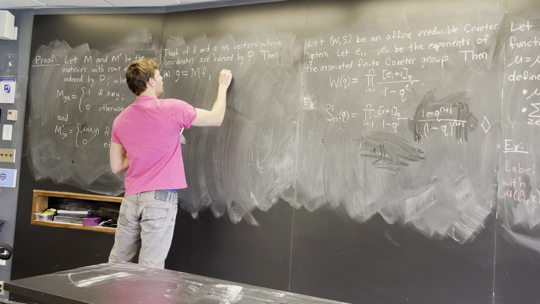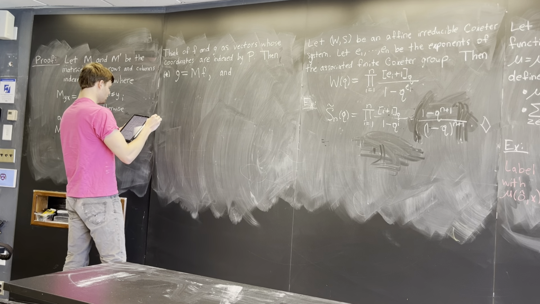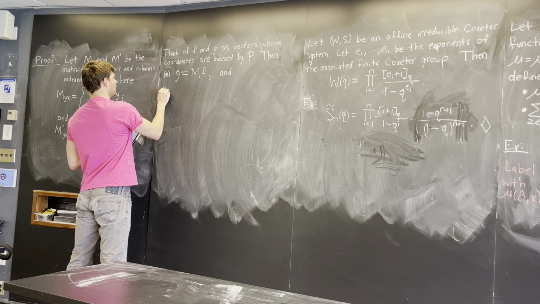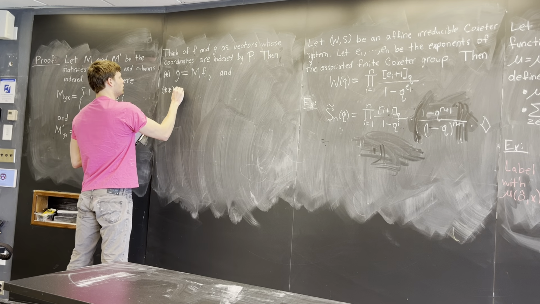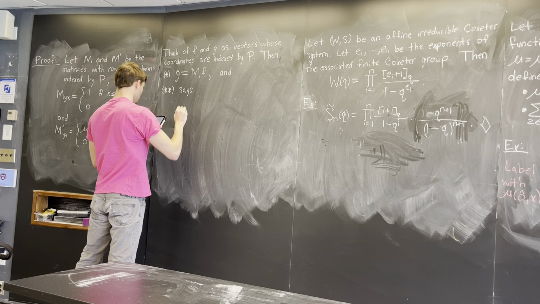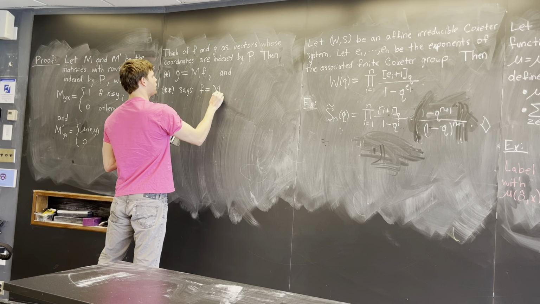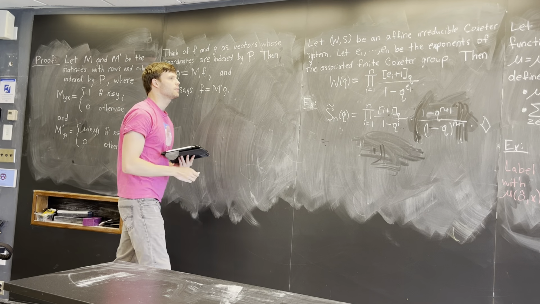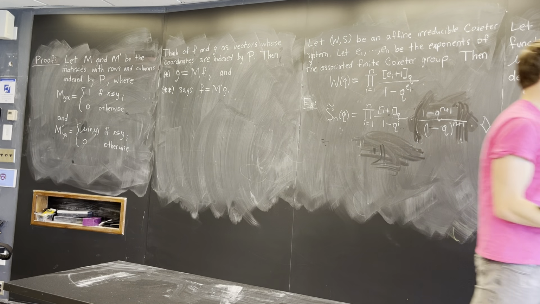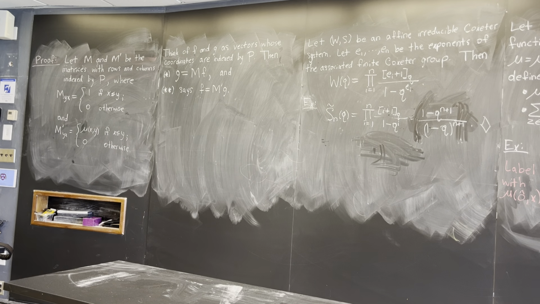And what is double star saying? Well, double star says that f is M prime times g. It's for the same reason. This is basically multiplying the matrix M prime by the vector g and using the definition of M prime.